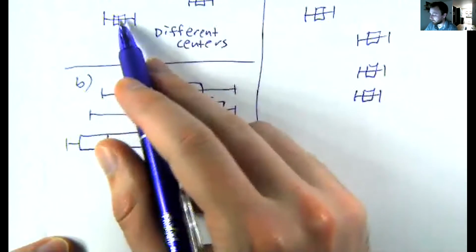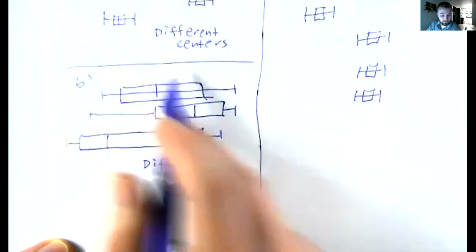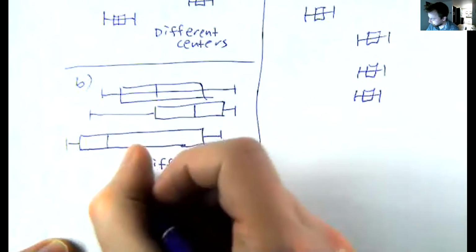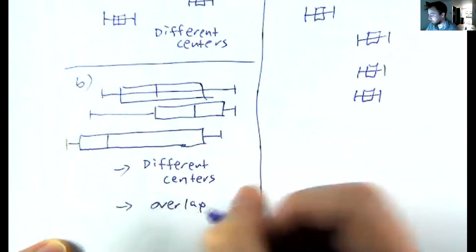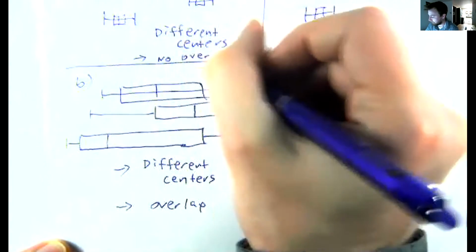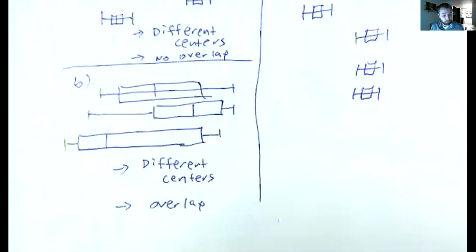I also have to consider the fact that these groups have overlap, while these had different centers and these had no overlap. So in a situation like this where it clearly misses, I would say this looks like, yes, it looks like there's a difference in average.